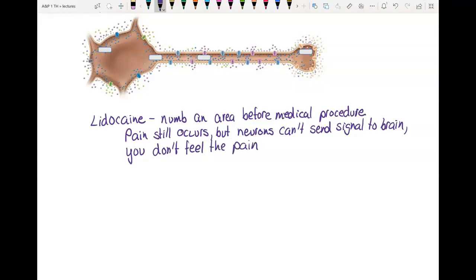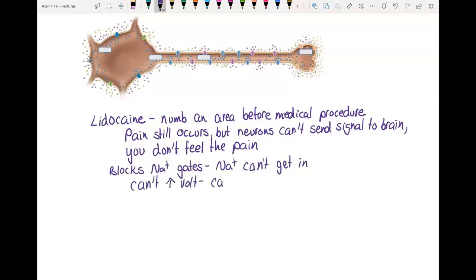So lidocaine works by blocking the sodium gates. Sodium can't get into the neuron. And if sodium can't get in, you can't raise the voltage.